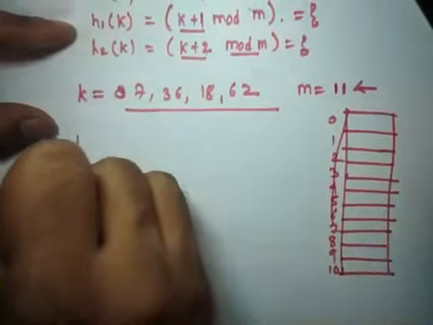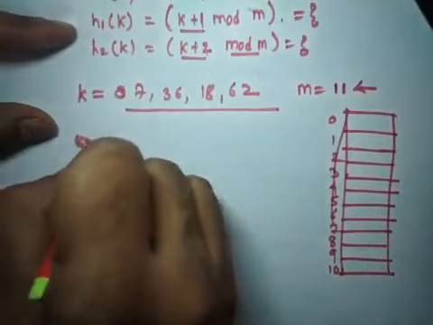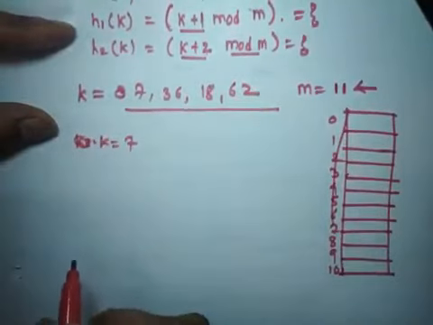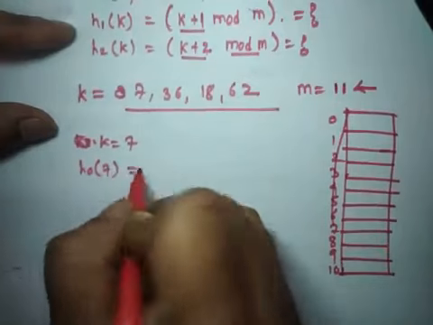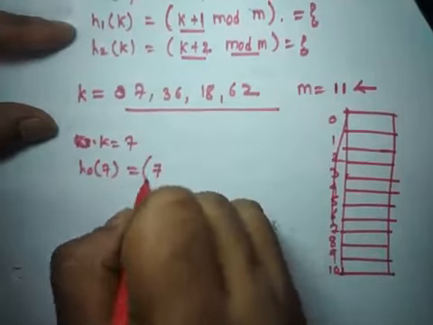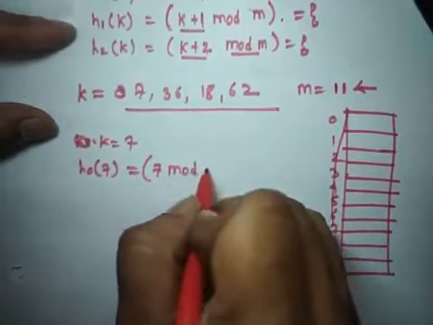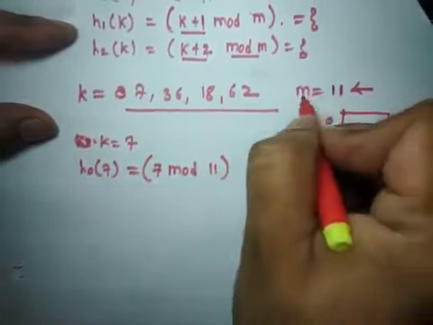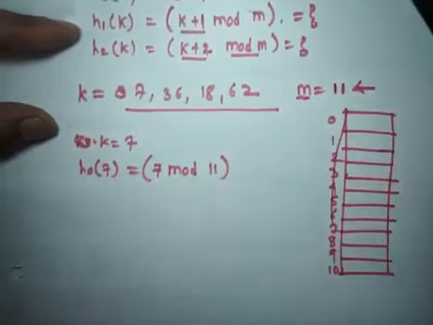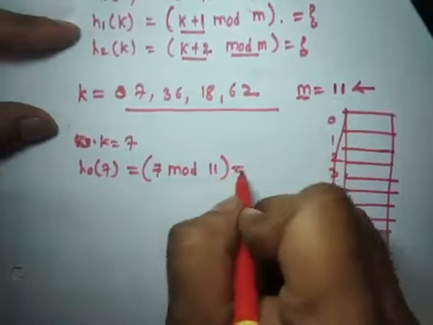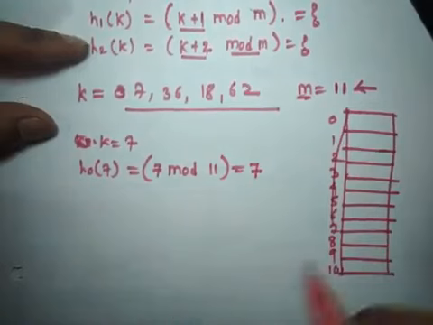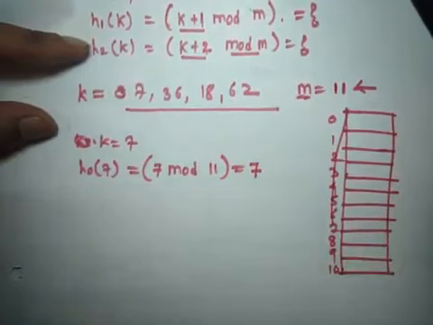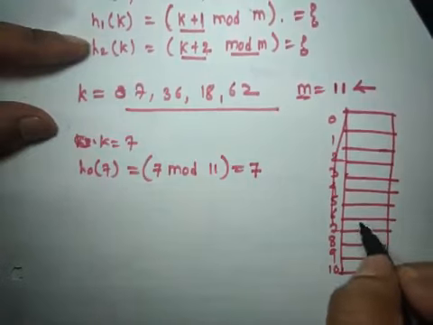So let's insert the first element, key k equal to 7. h0 of 7 is 7 mod 11, where m is 11, so it produces index location 7 itself. At index location 7 we store the value 7.